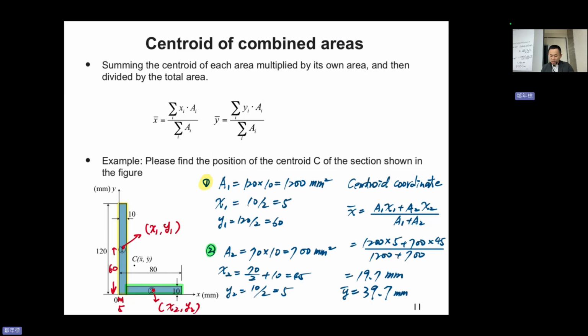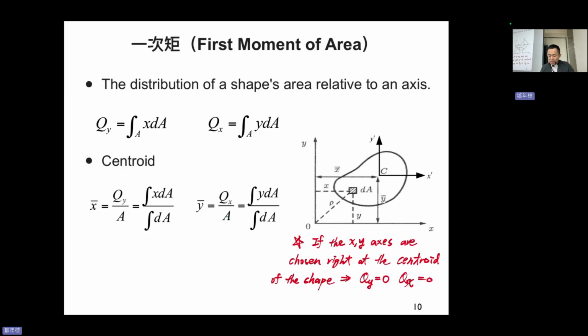All we need to know is that when we discuss the area distribution with respect to a certain axis, the distribution of area to a certain axis, we call it first moment of area. The definition of this is area times its own coordinate to that axis.